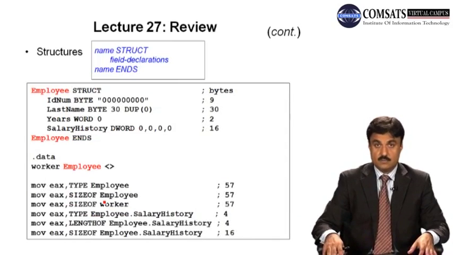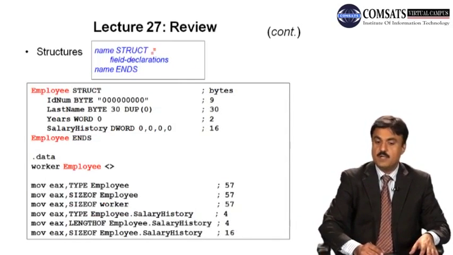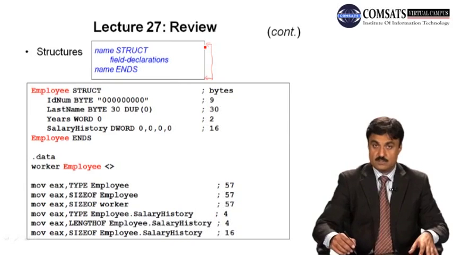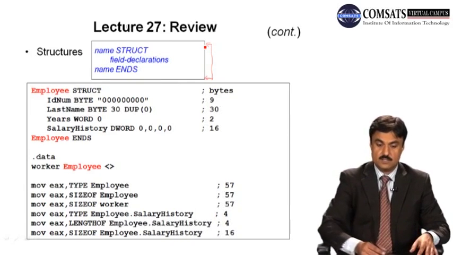Then we discussed structures, the way we can define a structure. Structures are nothing but user-defined data types. This is the format of the structure, how we can define a structure.